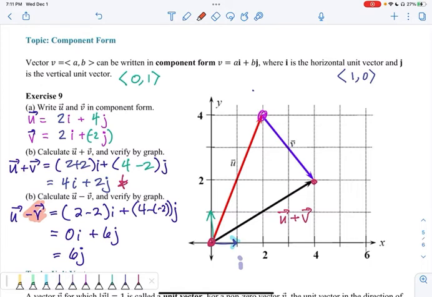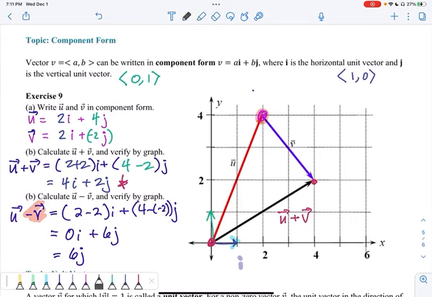So I want to connect negative v to where u ends, so here's where u ends, and I want to start negative v there. Well, negative v should have the same length, but be going in the opposite direction. So instead of going over to, down to, it should be going up to, left to. So where would that end?